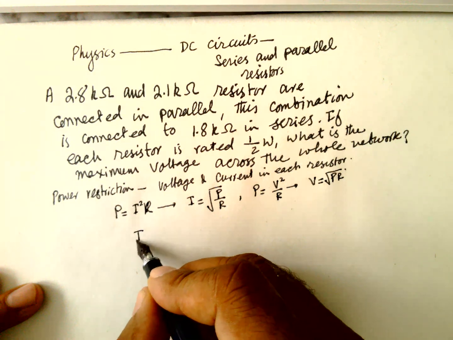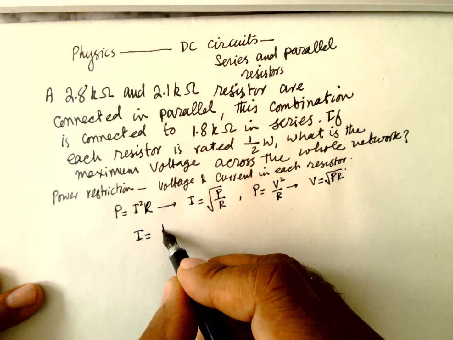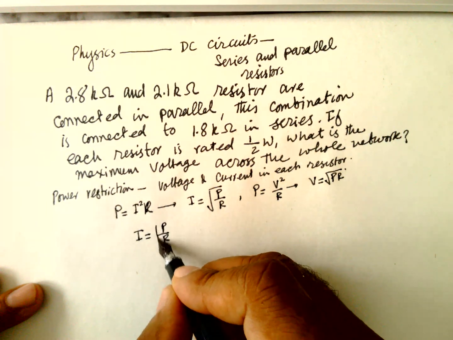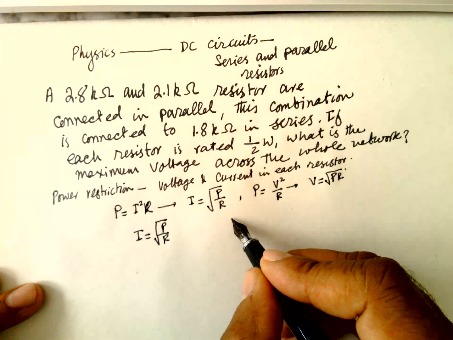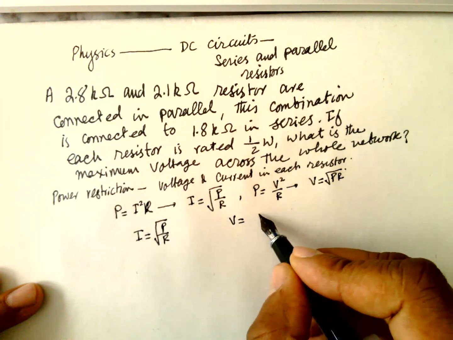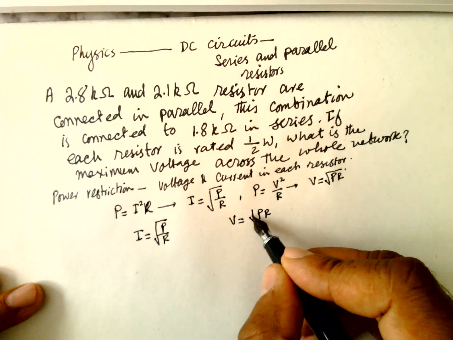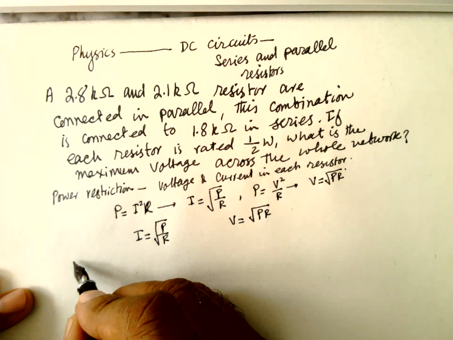So the current is the square root of P over R, and V is the square root of PR.